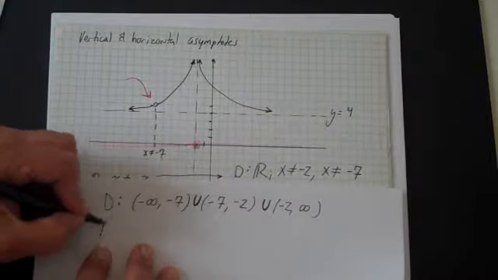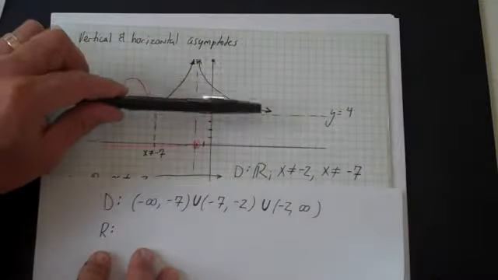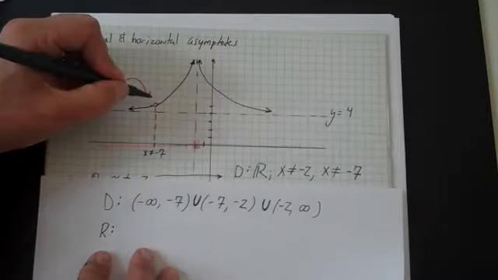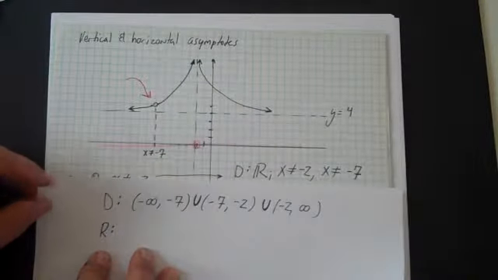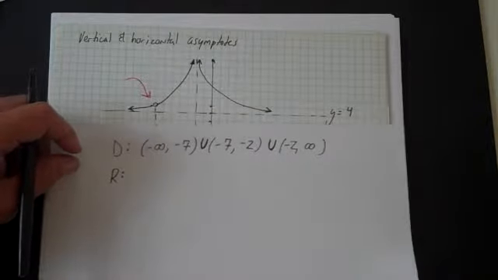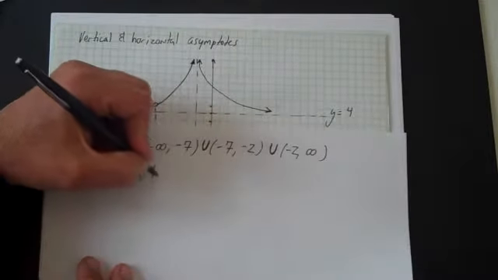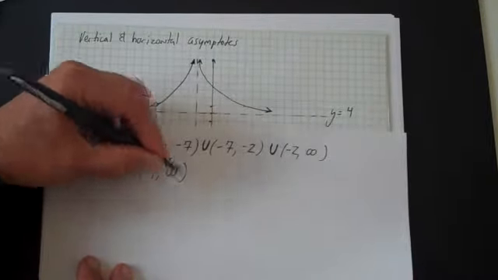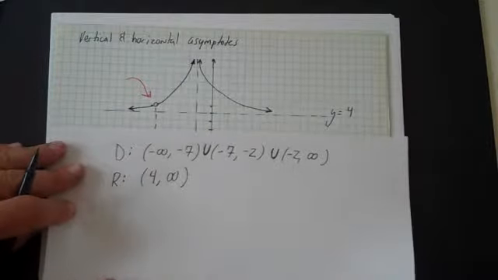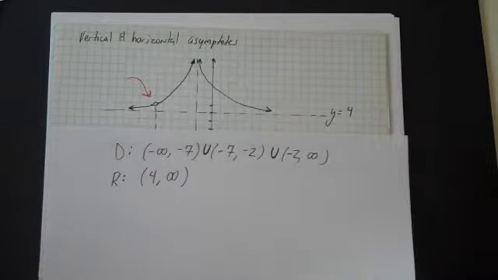If we want to do range, the range would be everything from 4 up. So we can start at 4 and go to positive infinity. And that's how you do domain and range using graphs with horizontal and vertical asymptotes.